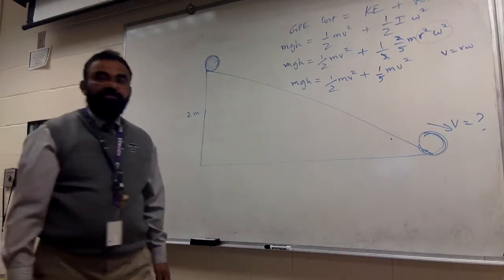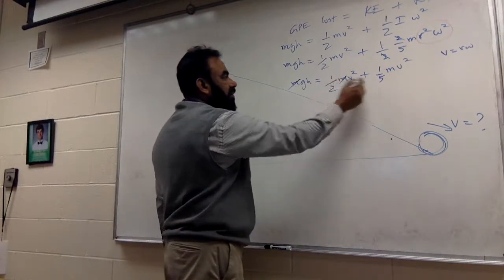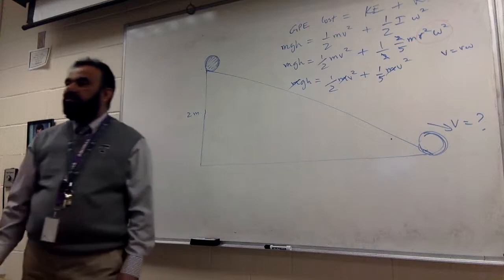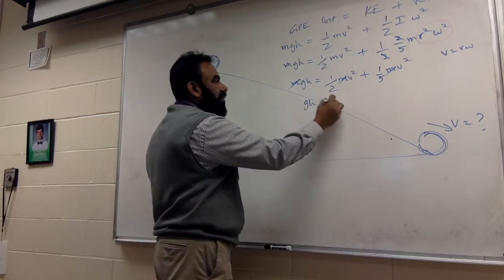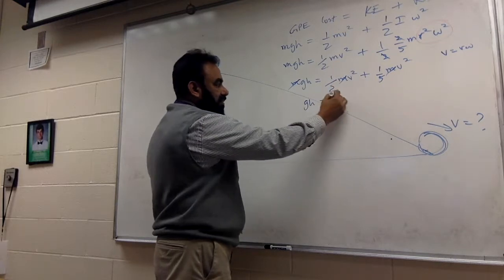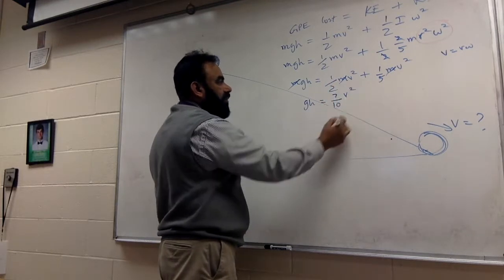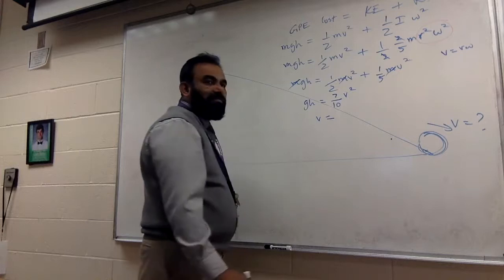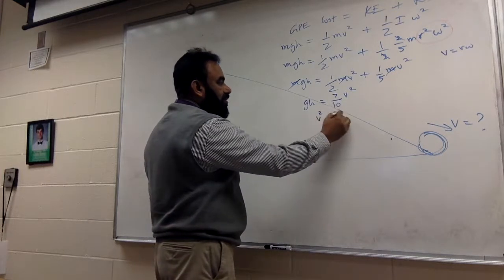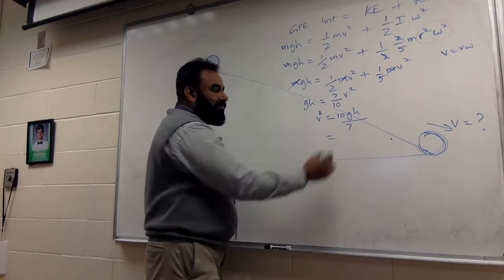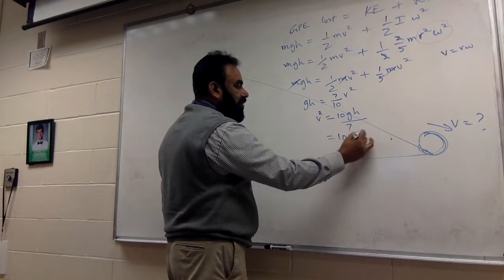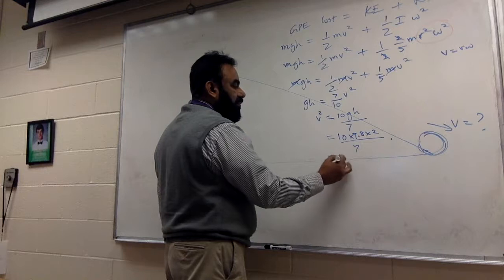What is half plus 1/5? Oh, you can remove the mass now. So mass doesn't matter. Mass is knocked out. So we have gh is equal to 7/10 of v squared. So what is the v? V squared is 10 gh over 7. How much is this? 10 times 9.8 times 2 over 7.